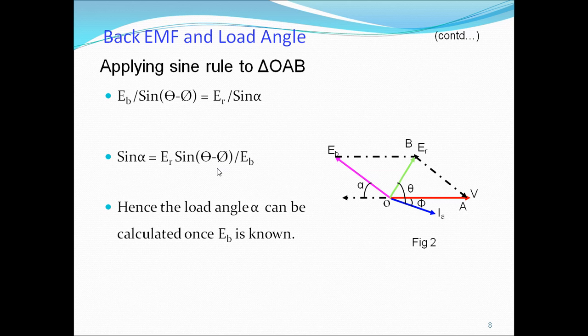The load angle alpha can be calculated once we know the EB value. How can EB be calculated? EB can be calculated as the vector sum of V and ER. So this is the condition when the power factor is lagging and it is under excitation and EB is less than V. Note down the formula.